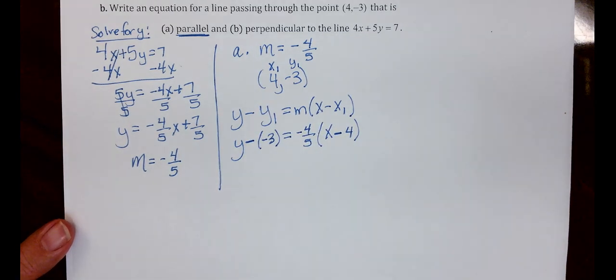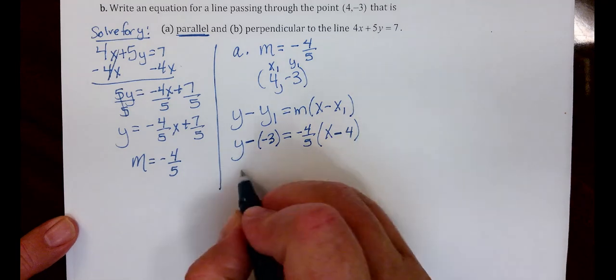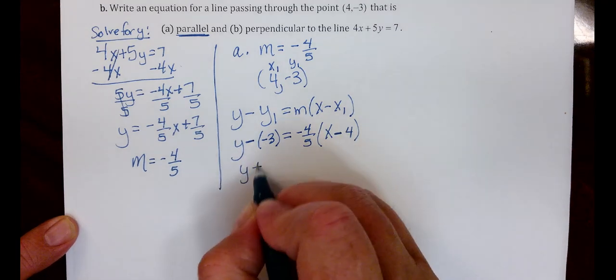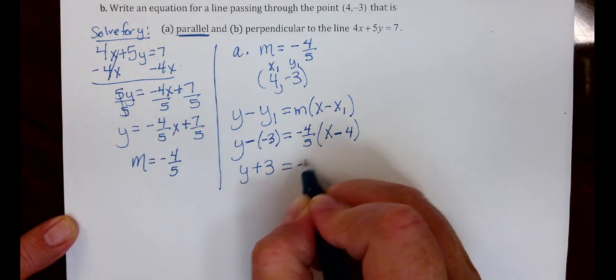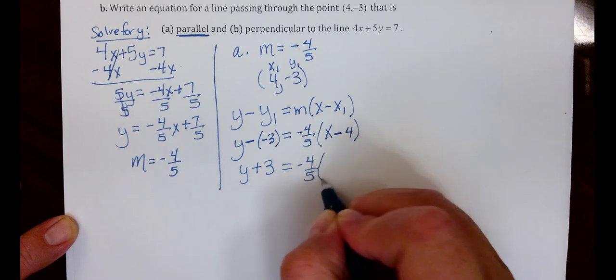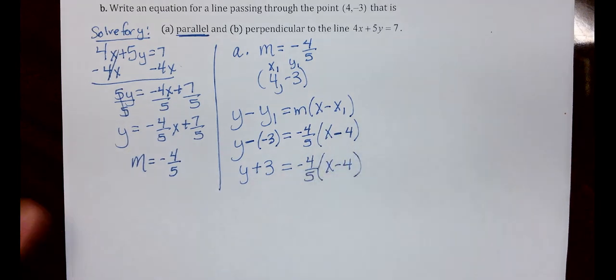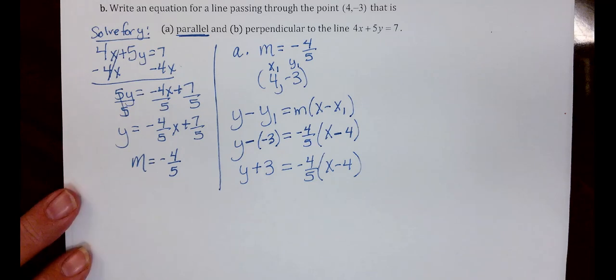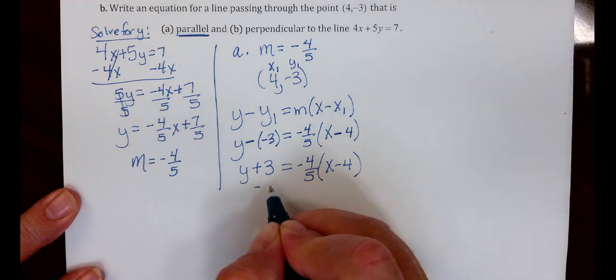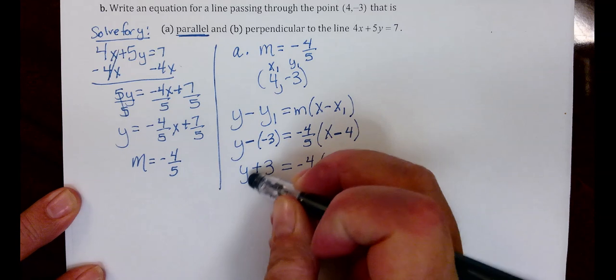Let's simplify this. So we have y, two negatives make a positive, so +3, equals -4/5 times x minus 4. Just like in previous problems, we want to solve for y so we can find the equation. Before we do that, we're going to use the distributive property.